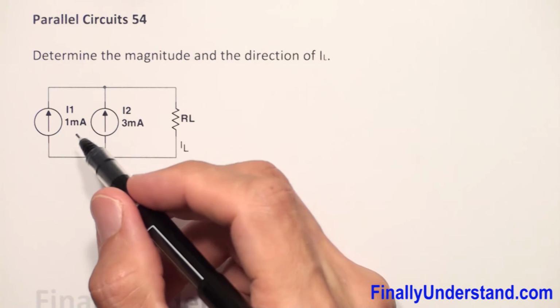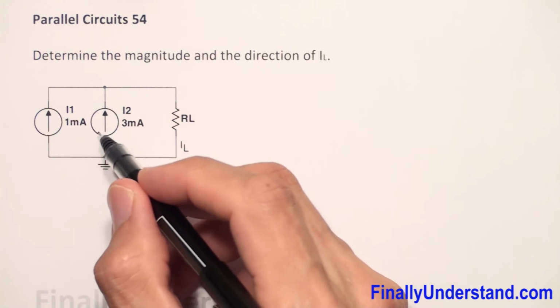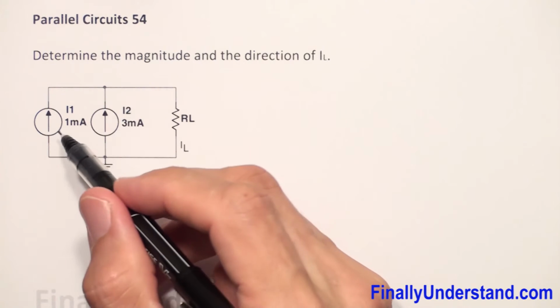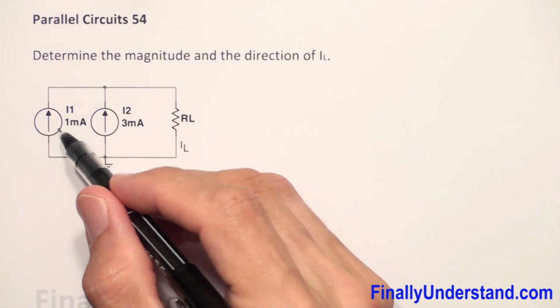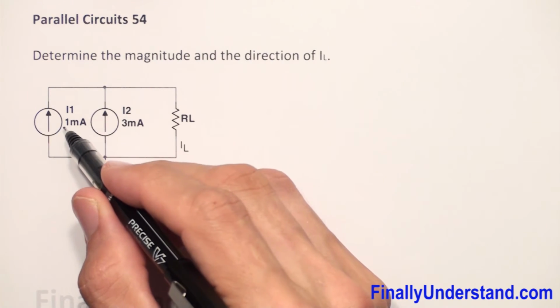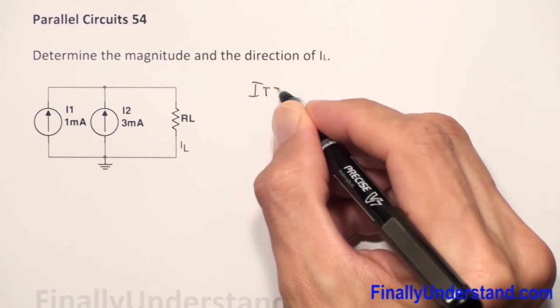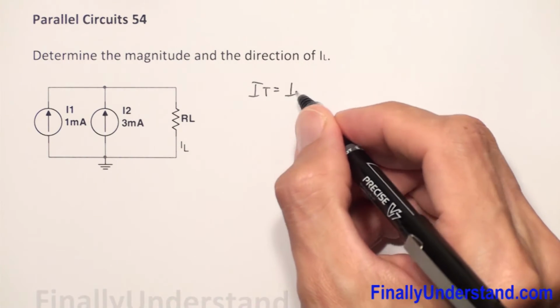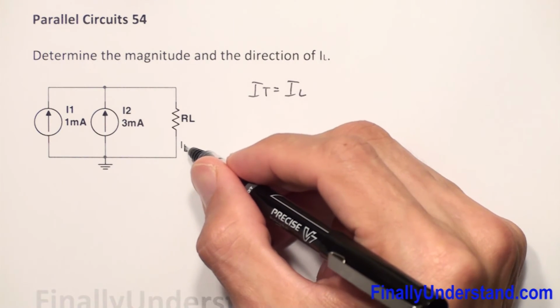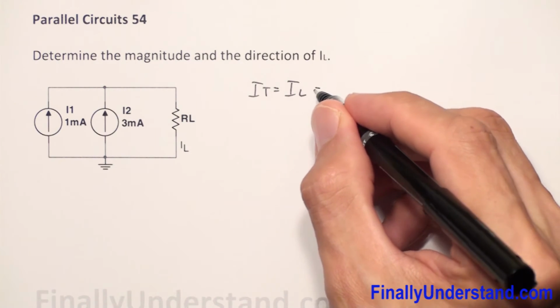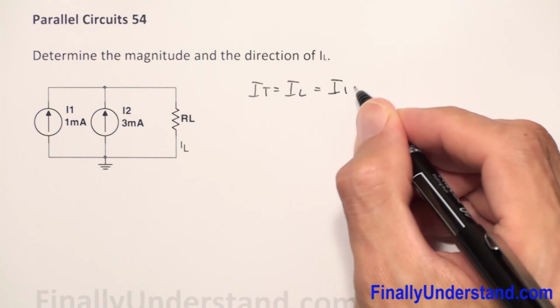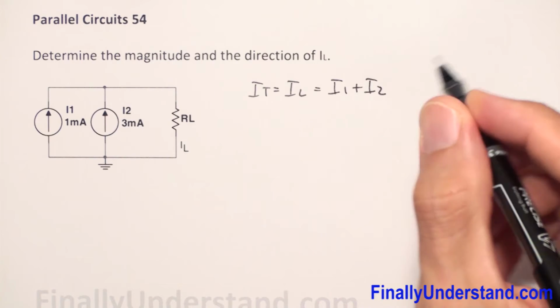When the direction of the current sources is the same, it means we have to add these two currents. So I total is equal to my IL. This is my current IL, and this is simply equal to I1 plus I2.